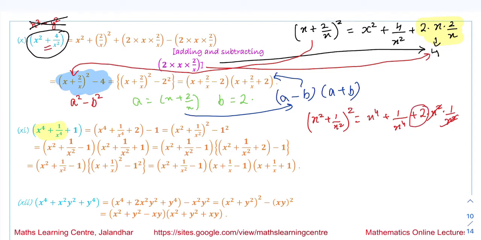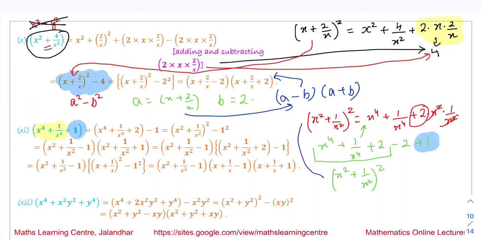So we add and subtract 2 from it. What we get is x⁴ + 1/x⁴ + 2 − 2, and the plus 1 is already there from the question. So this much part is (x² + 1/x²)², coming from this formula, and minus 2 plus 1 leaves us with minus 1, which is minus 1².